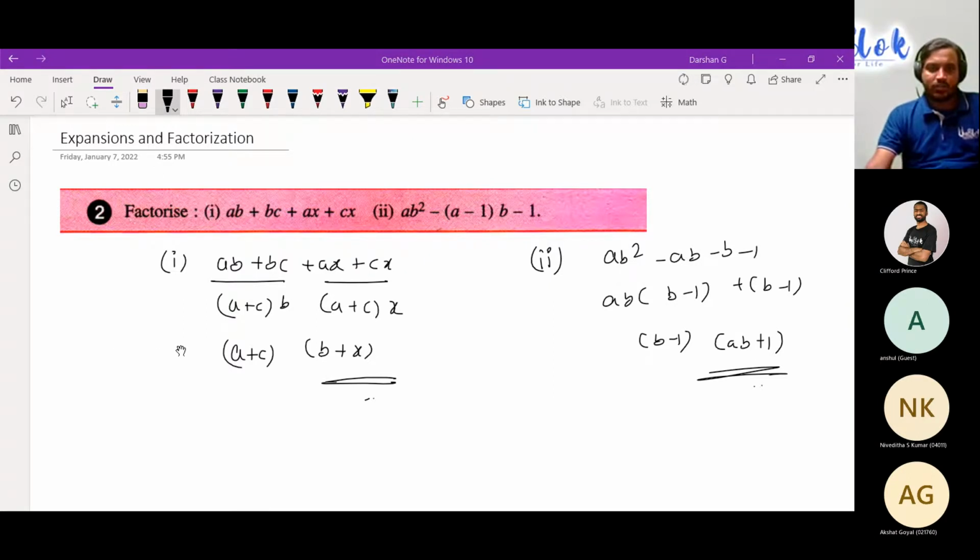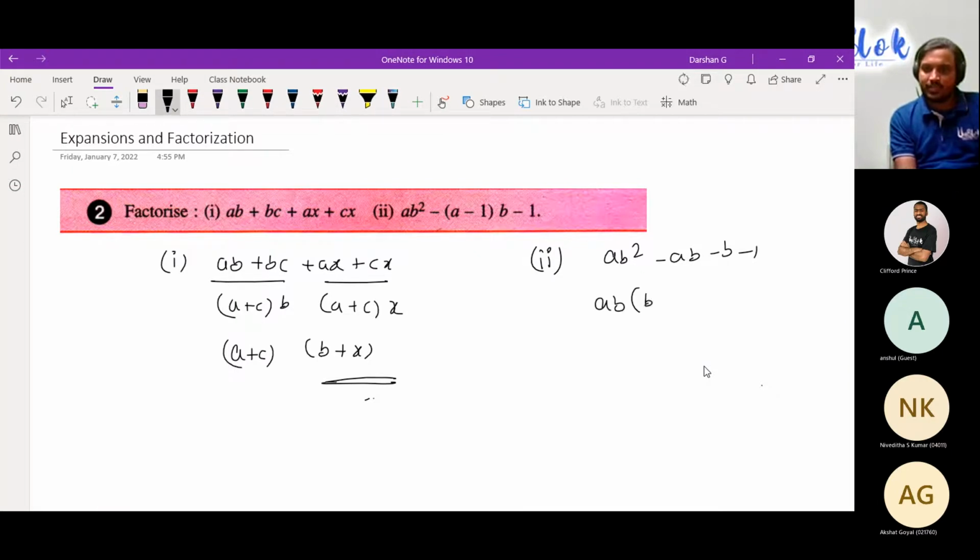And see for harder problems. One second. Expansions. Okay. Yes, just one question. In the second one, how do you get the positive sign for b minus 1? Very good question. Right now, you understood the first part of it. You took ab common.